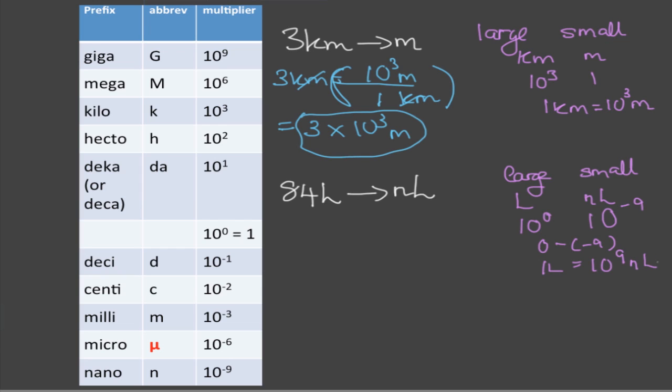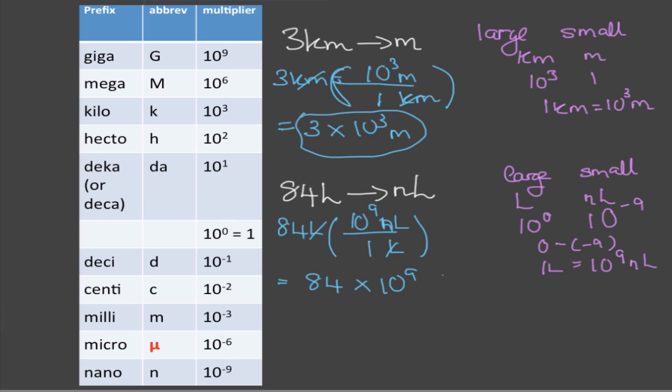So now the conversion, 84 liters. Litres in the denominator, nanoliters in the numerator. 10 to the 9 goes with nano. 1 goes with litres. The litres cancel. 84 times 10 to the 9 nanoliters.